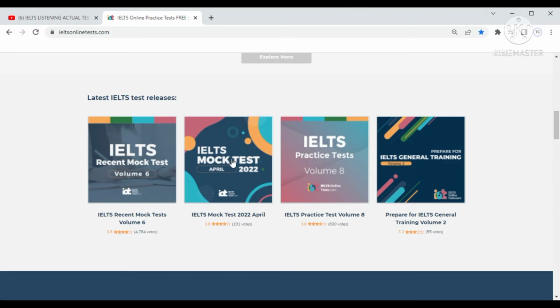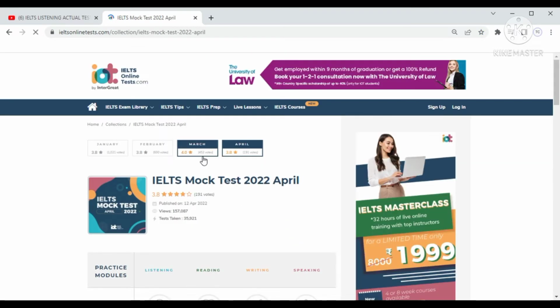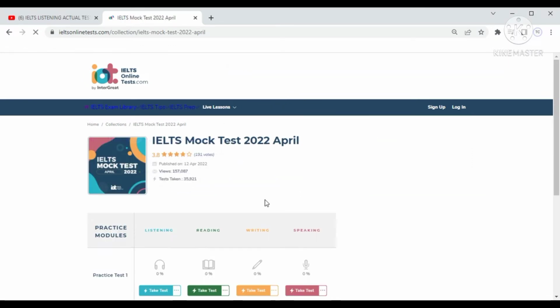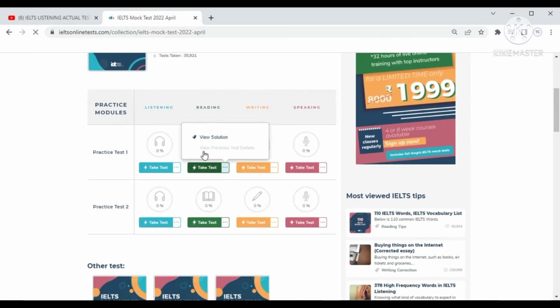So when you scroll down, you will find IELTS mock test 2022 and click on that. On the top you can find different months practice tests, and now we will see about April month. When you scroll down, you will find practice test 1 and 2. Just click on take test and you can continue with your practice.